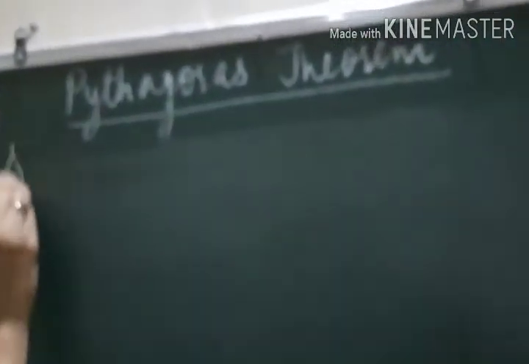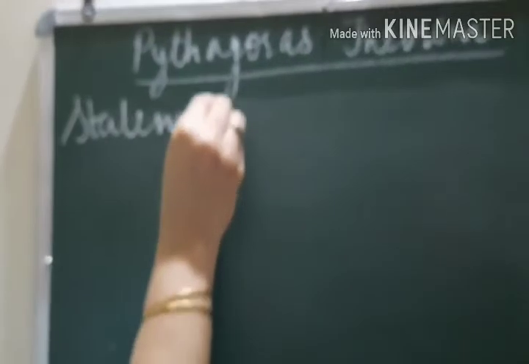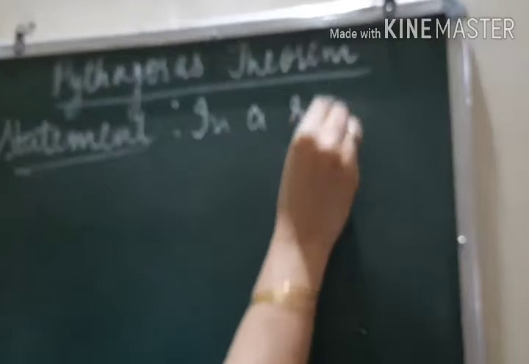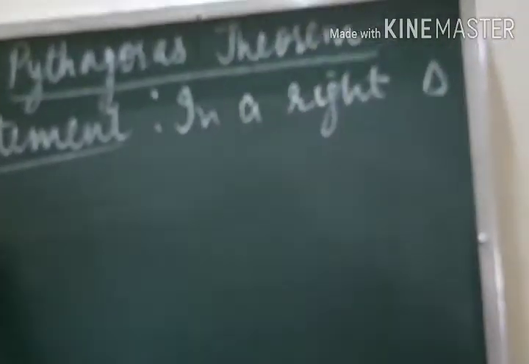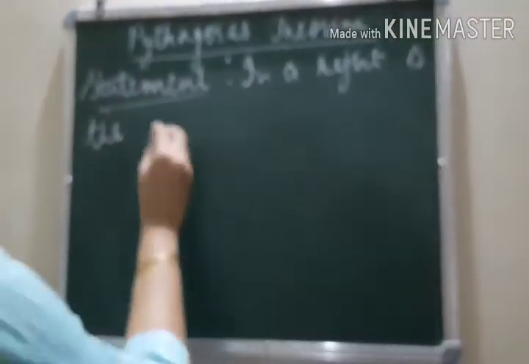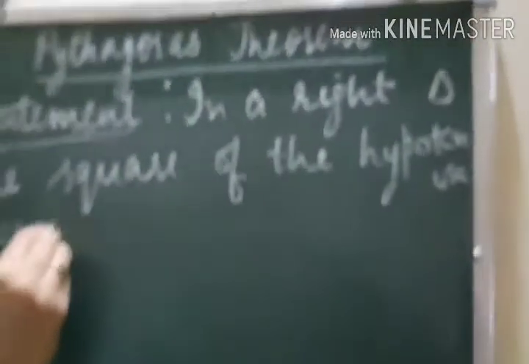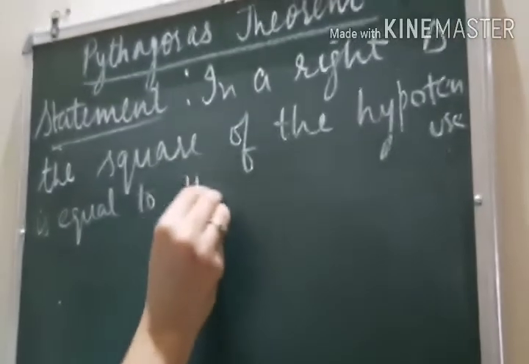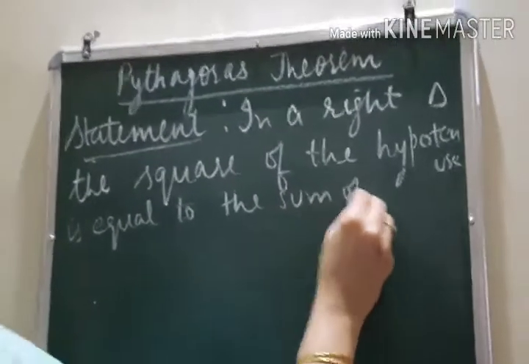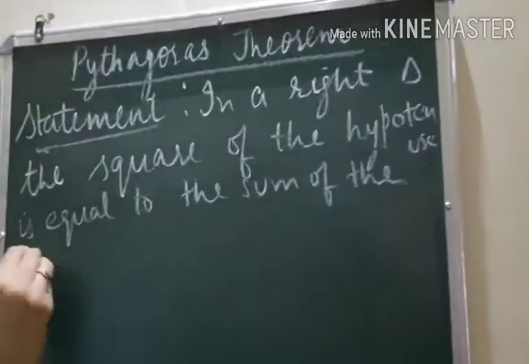What is the statement of the theorem? First we'll write the statement. In a right triangle, the square of the hypotenuse is equal to the sum of the squares of the other two sides.